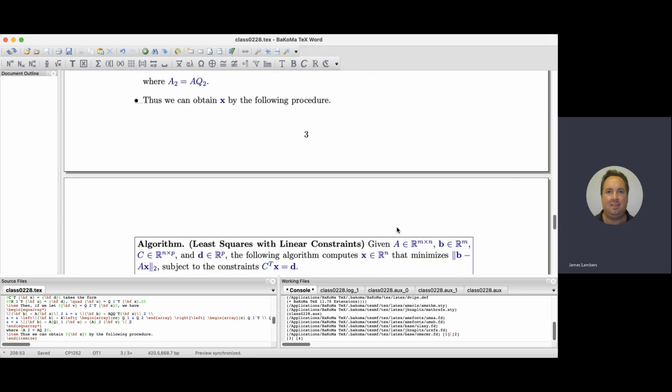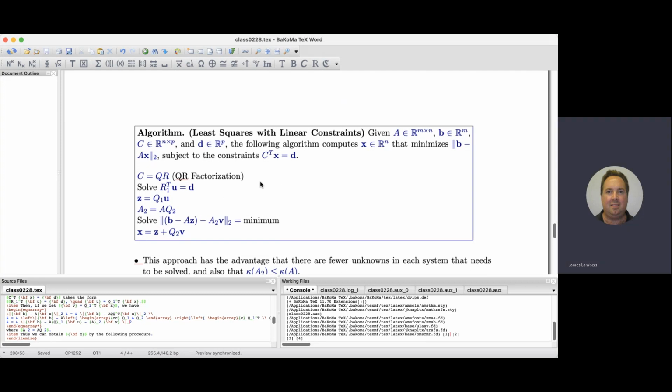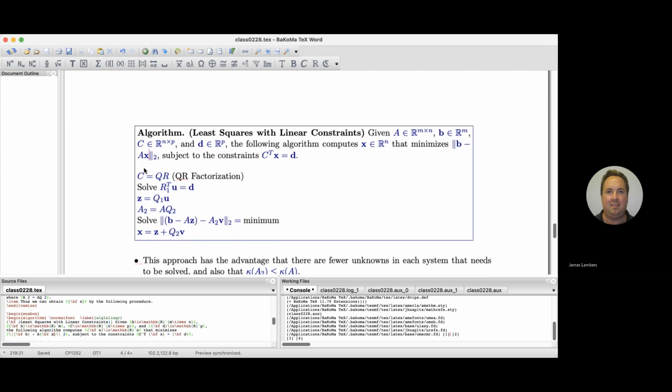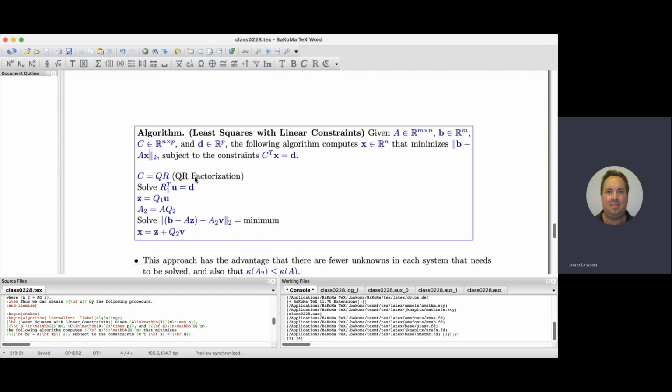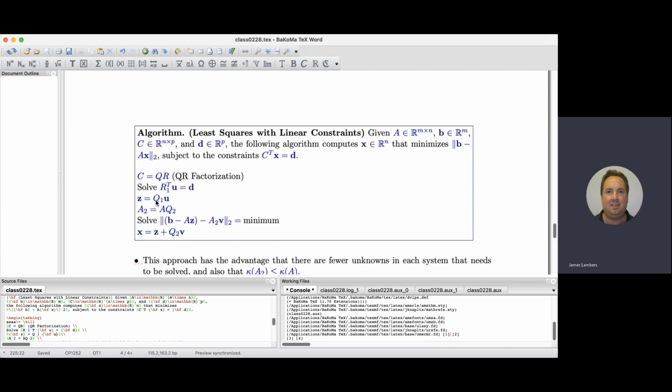So here's an alternative algorithm. I go ahead and QR factorize C, solve for U, and then I define this vector Z to be Q1U, and I also define A2 the way I did earlier.